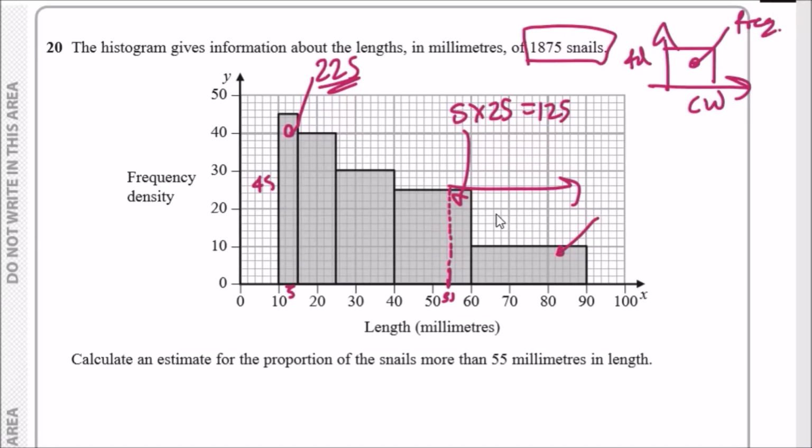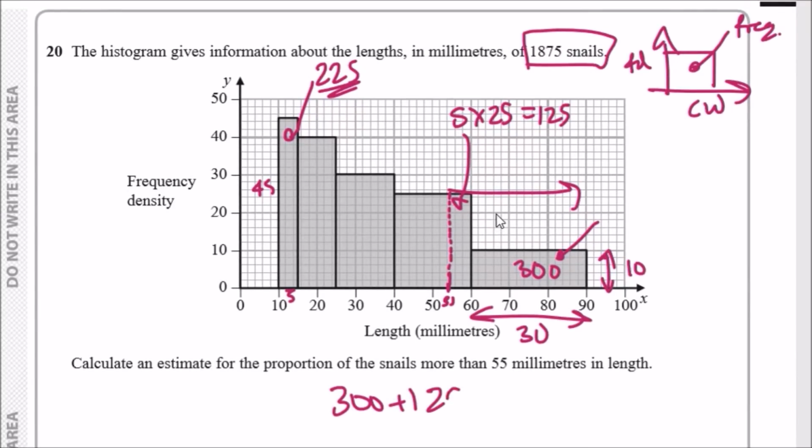And this rectangle here has a length of 30 and a frequency density height of 10. So 30 times 10 is 300. That means the total number is 125 plus 300. Let's write them down. It should be 425 snails. And I believe that's it. That should be the final result.